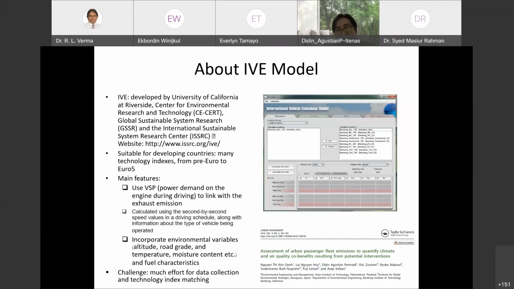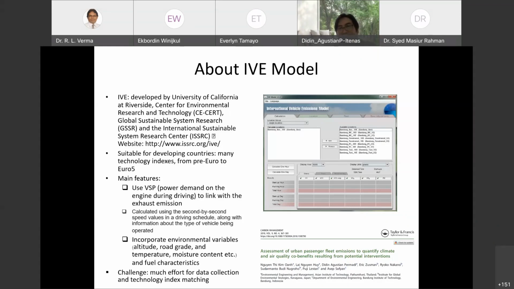And then as the main feature, this model is not using the average speed anymore to estimate the emissions from traffic, but rather using the VSP, vehicle specific power, which shows the power demand on the engine during driving, together with the exhaust emissions. To have this VSP, we need second-by-second speed values.